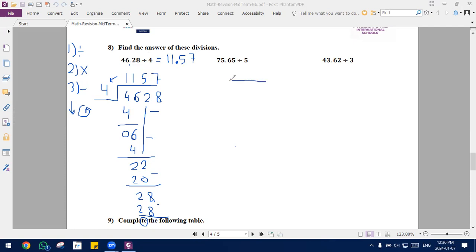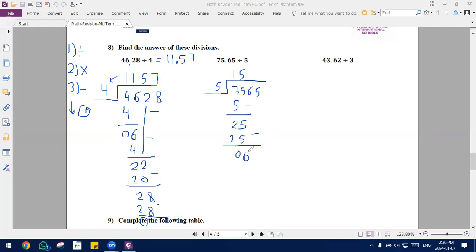Next one, divide by 5, 7565. 7 divided by 5, 1, it's 5. Subtract, the remaining is 2. Take the 5 down, it's 5 by 25. Subtract, the remaining is 0.